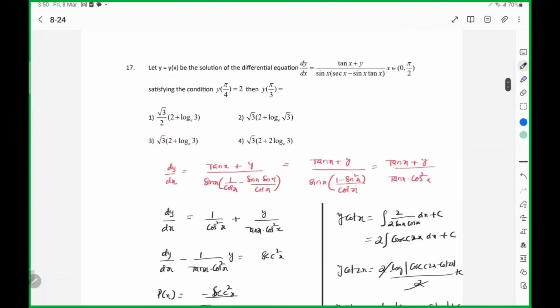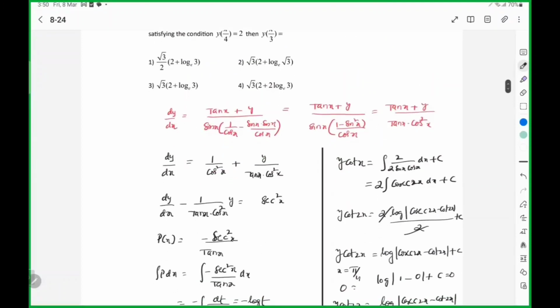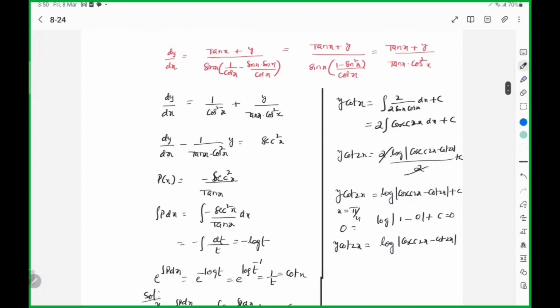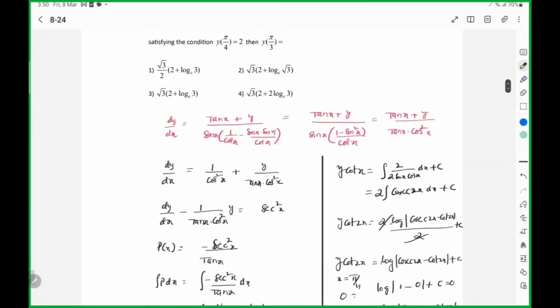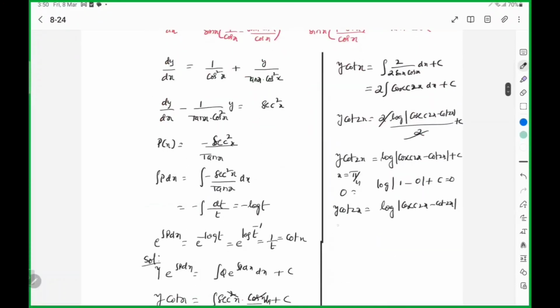So here he is asking y value at pi by 3, x is 60. Cot 120, cot 180 minus 60.